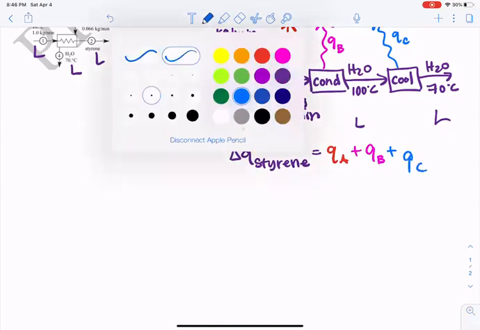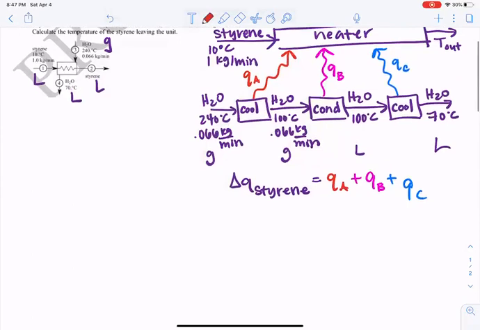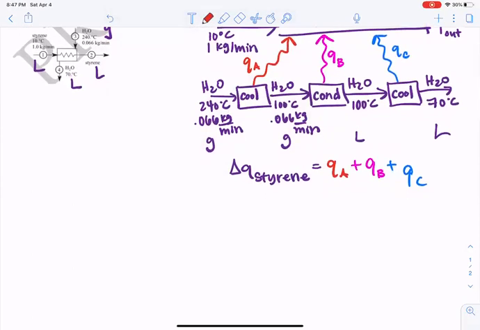Okay, so QA should be a positive number. It is how much heat the water is losing. So you can think of QA as negative delta Q water upon cooling.